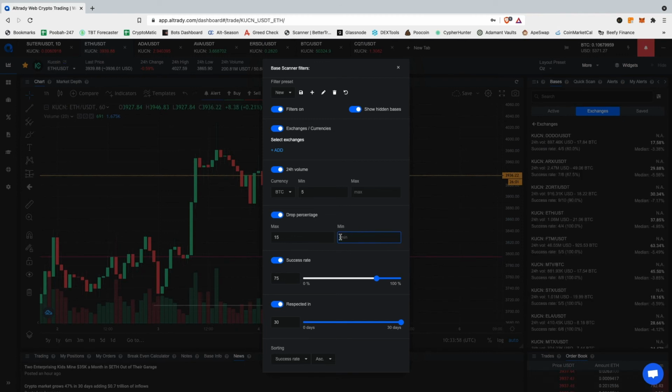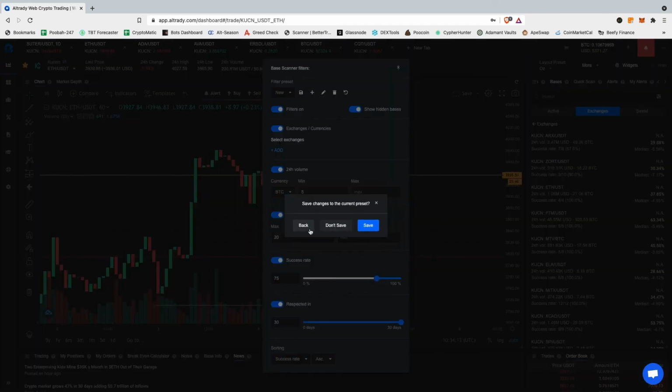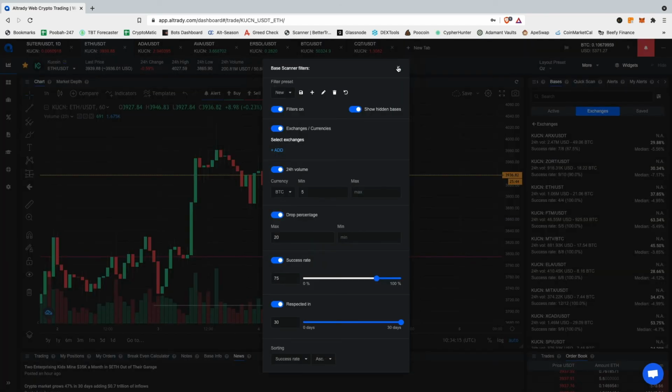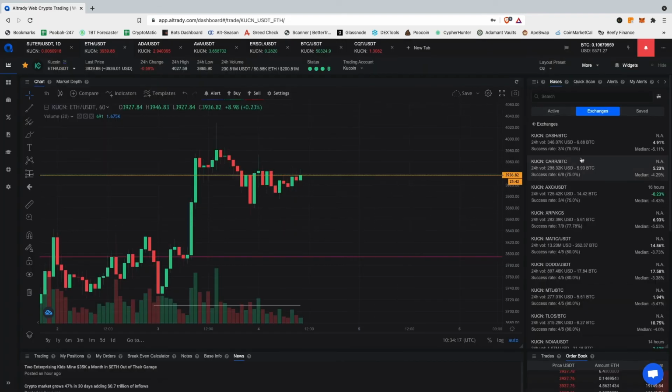So minimum 50, maximum let's say 20. Right now the market is not moving up or down that much, that's why. Then you can choose the success rates and respect rates, like how many times the base has been respected. Anyways, I'm not going to do this. Don't save.